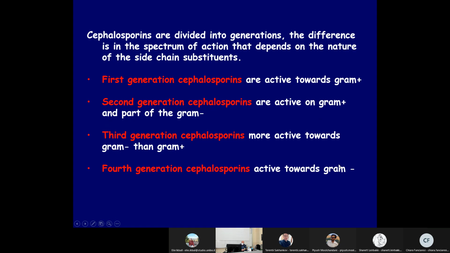Once again, we'll see that these biological activities are related to particular chemical modifications in order to increase normally the hydrophilicity of this compound.